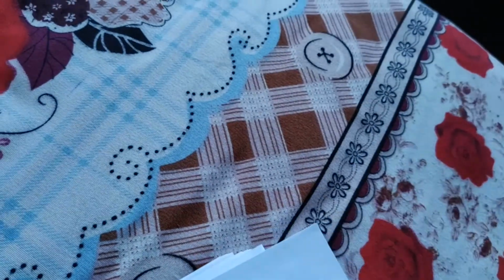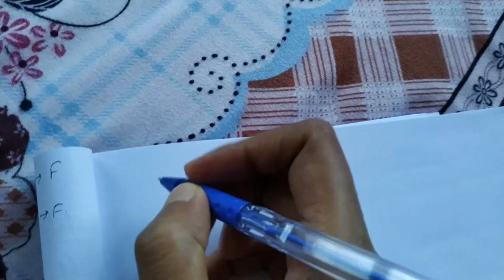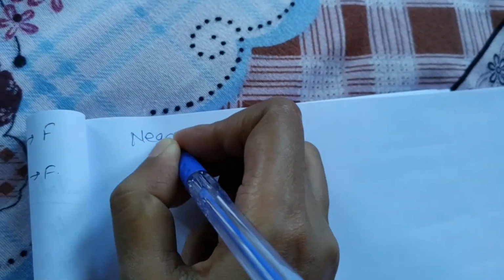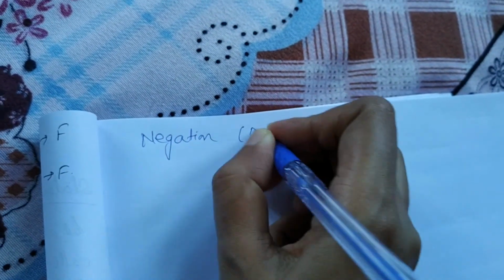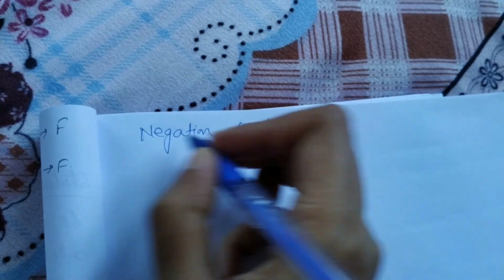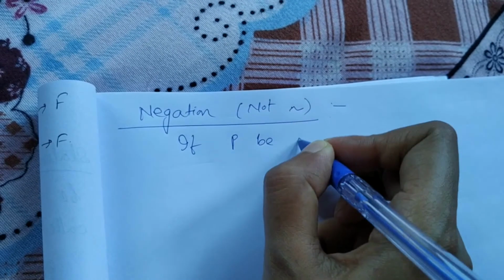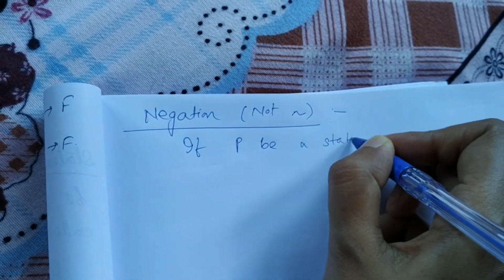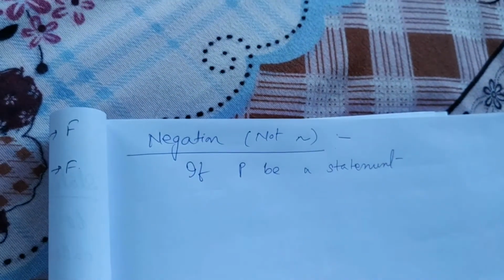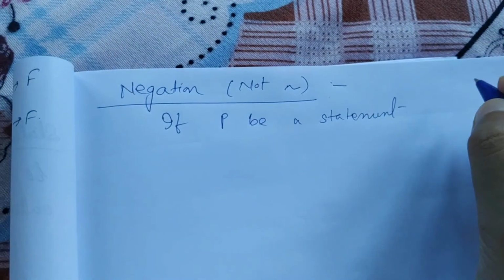So this is the truth table for disjunction. Now you see, the third one is negation, or not. The symbol is this. If P is a statement, it can have only two values, true or false.